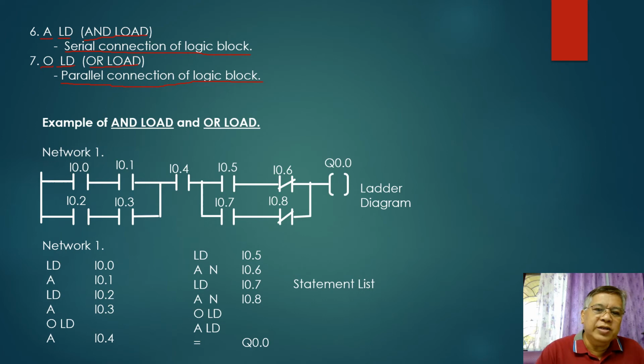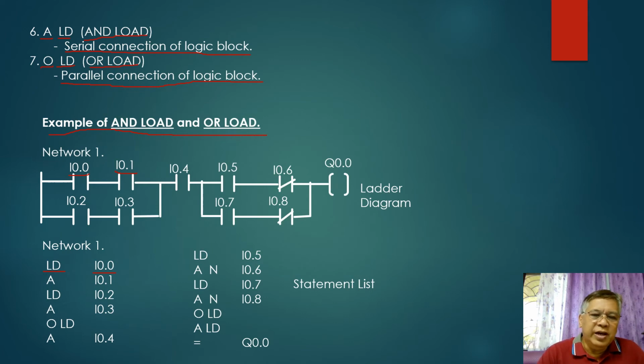So we have here an example on how to make use of the AND load and the OR load command. For your network 1, you have I 0.0 connected in series with I 0.1. So our command here, in our statement list, will be load LD, again, I 0.0.